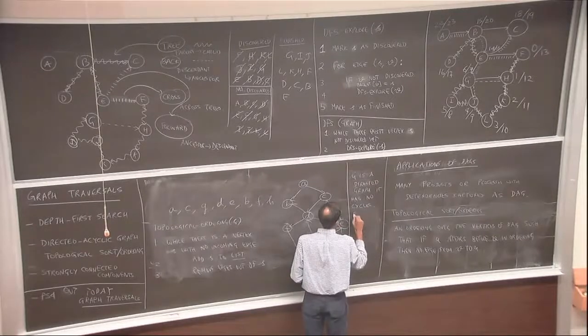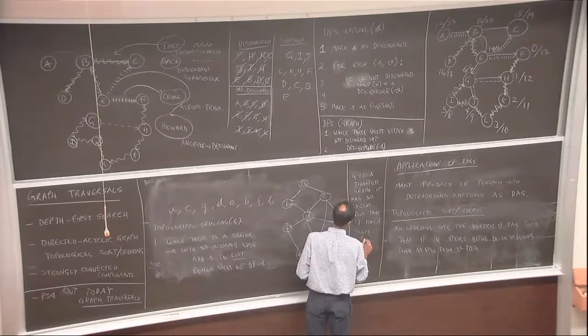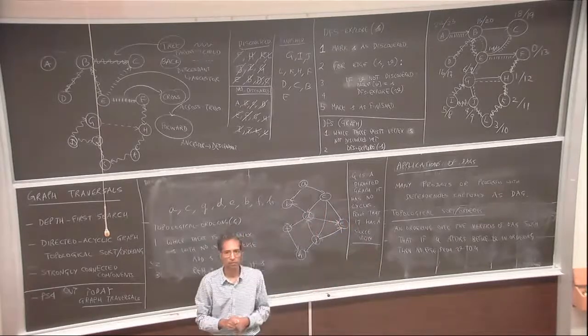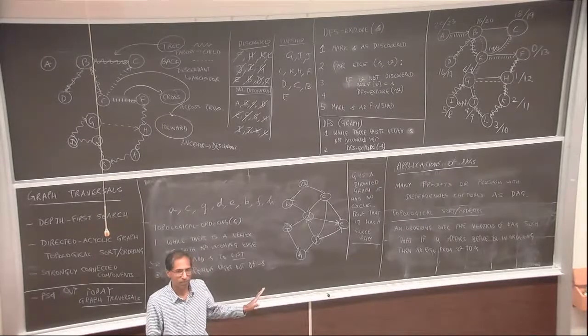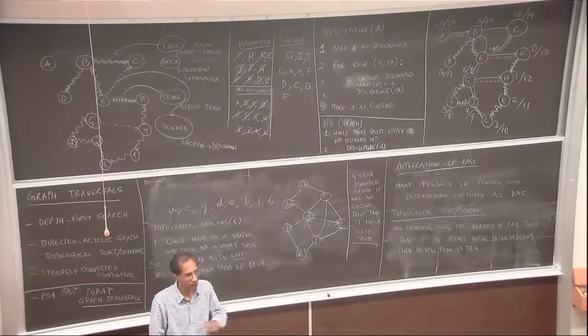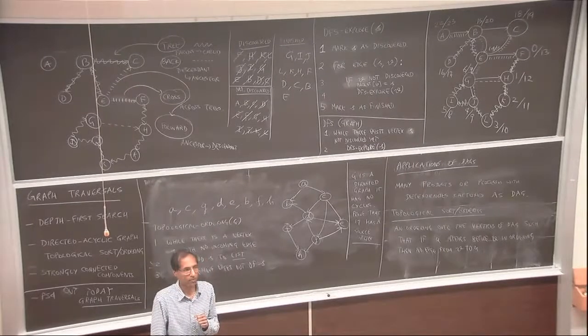Prove that it has a source vertex. Is the question clear? G is a directed graph. I tell you it has no cycles, so it is a directed acyclic graph. Prove that it has a source vertex, a vertex that has no incoming edges.